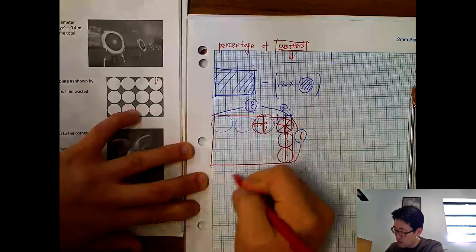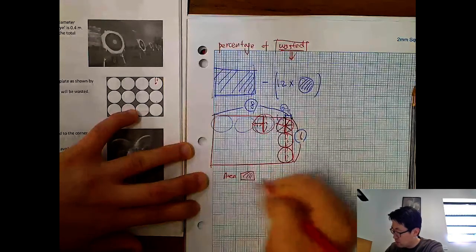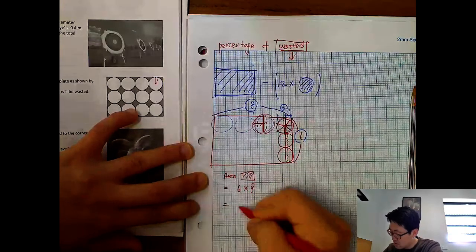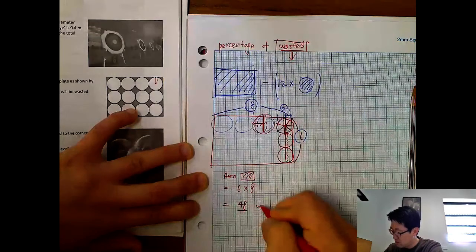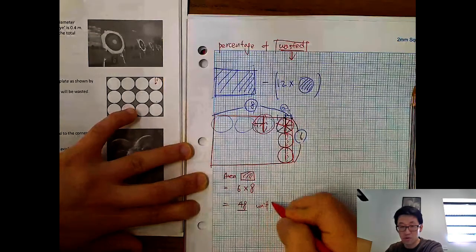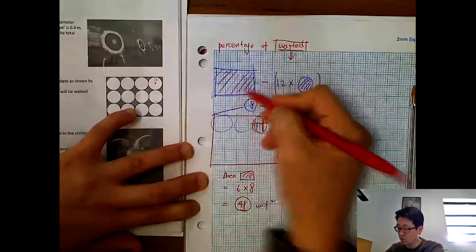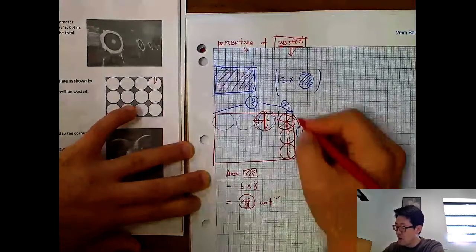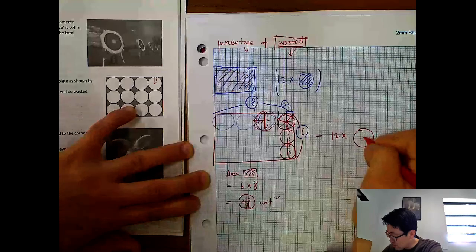Good? So the area of this rectangle equals 6 times 8, which is 48. I don't know the unit, so I write unit squared. That's the whole area. And then minus, how many circles there? 12 of, let's get the circle here.